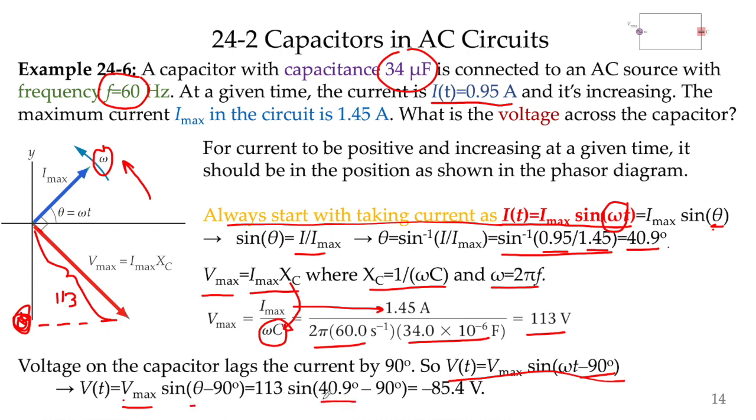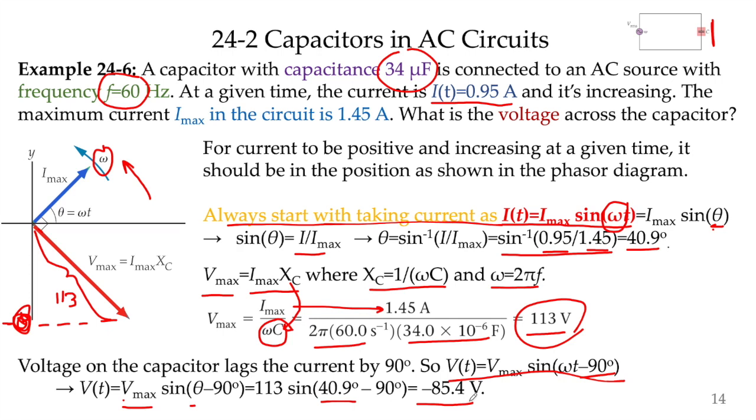If you use your calculator, you will find negative 85.4 volts. It makes sense that we found a negative number. This number is the voltage on the capacitor at that time. See, it's not the maximum voltage. At that time, it's not maximum yet. The maximum is 113 volts.